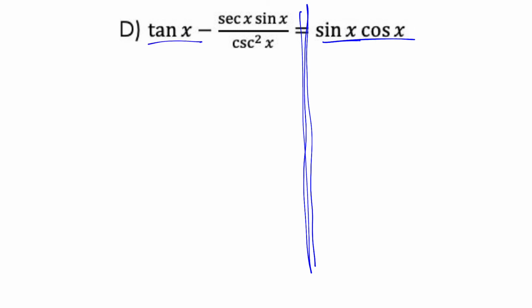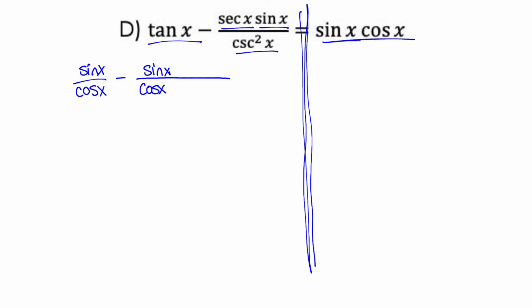So I know that tangent is the same thing as sine x over cosine x minus, and then I have this division here. So let's say secant is the same thing as 1 over cosine. So I know I have a cosine now in the denominator, and then I still have a sine on the top. That was taking care of this and this.